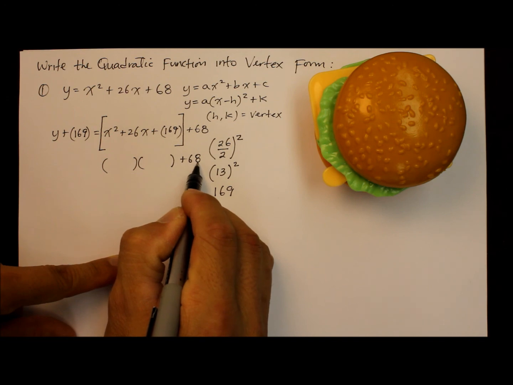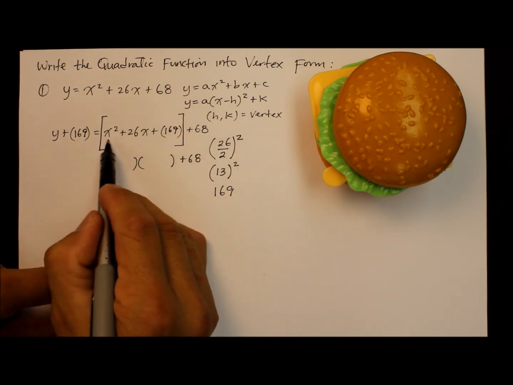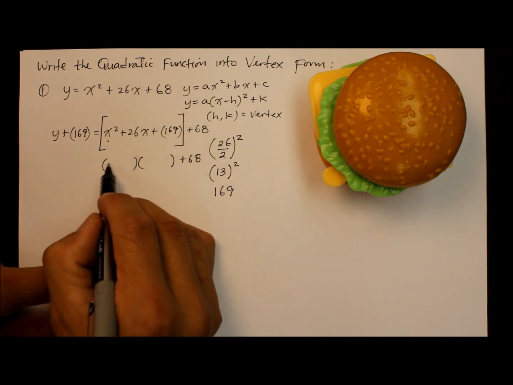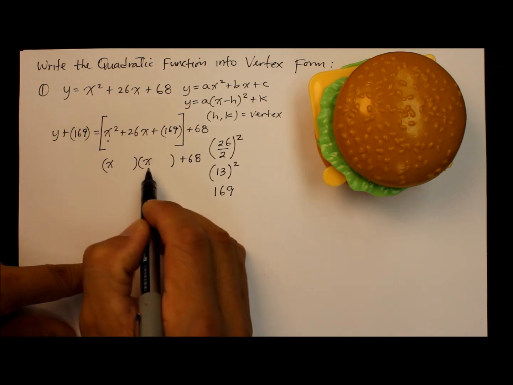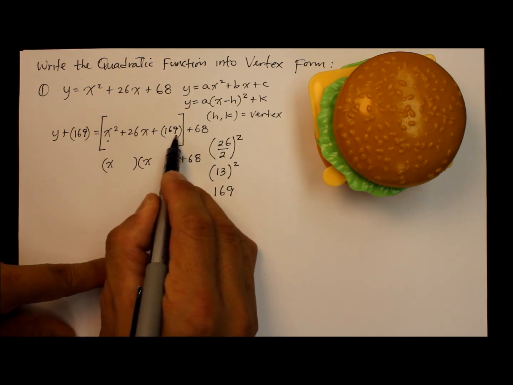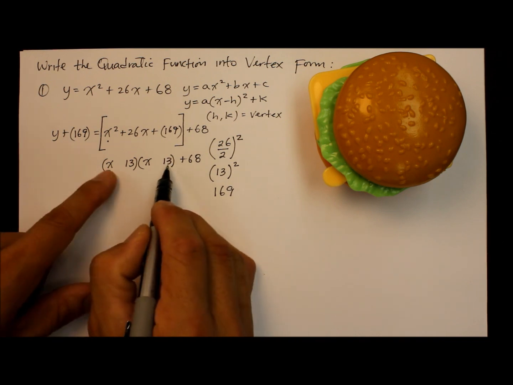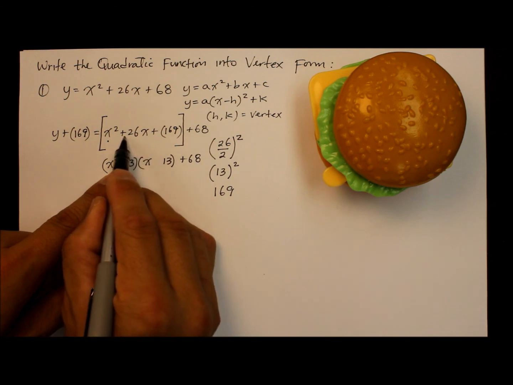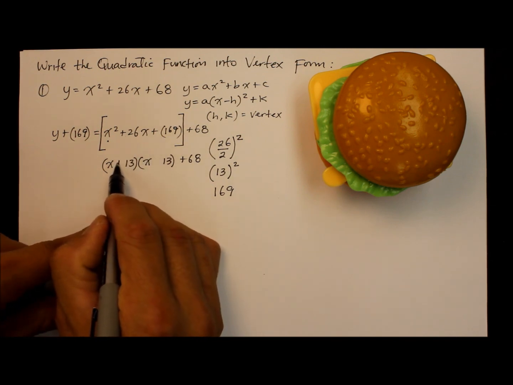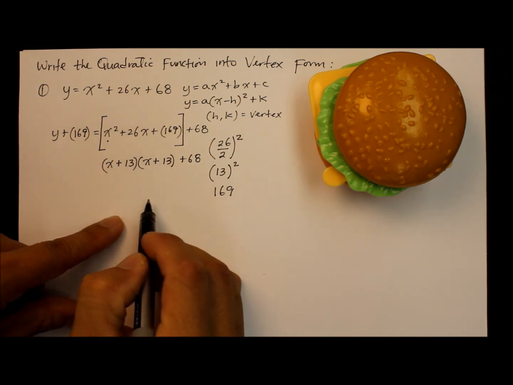Now that this is a perfect square trinomial, we're going to factor it. And we're going to carry the 68 along. And the question is, what times what is x squared? That is x and x. What times what is 169? It's 13 and 13. And what must the signs be, so that when you add them together, it becomes positive 26? Well, they both have to be plus and plus.